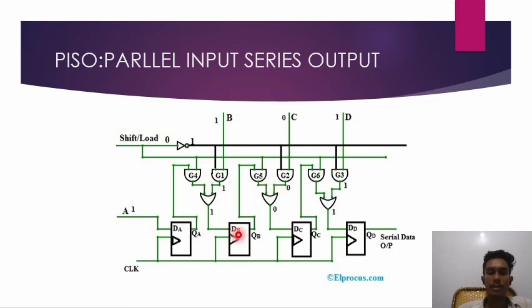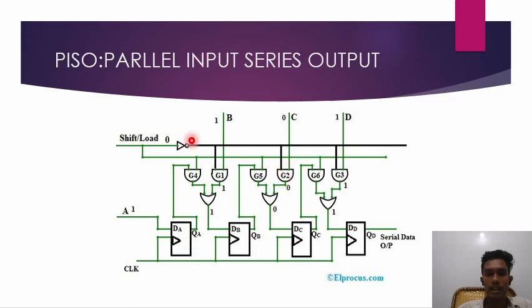DB is the input, and QB is the output. This output value is connected to G5, which is another AND gate, and G5's other terminal is connected to the shift load. G2 is also an AND gate, and C is another parallel input. We give four parallel inputs because there are four D flip-flops.